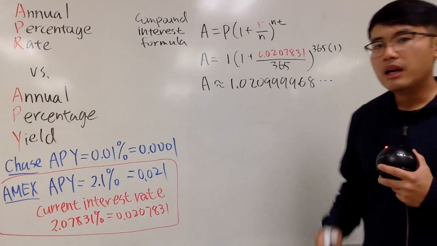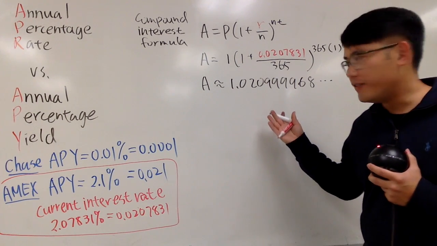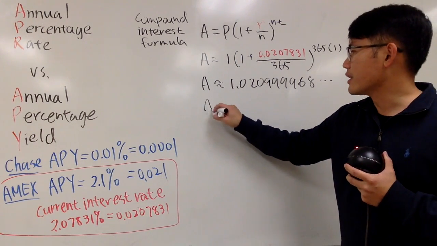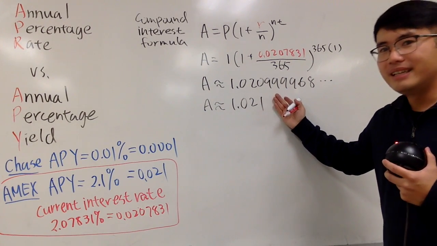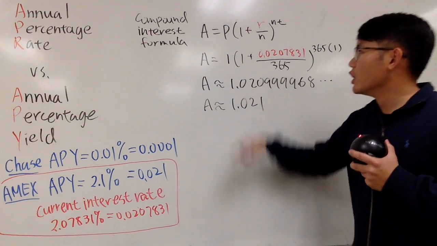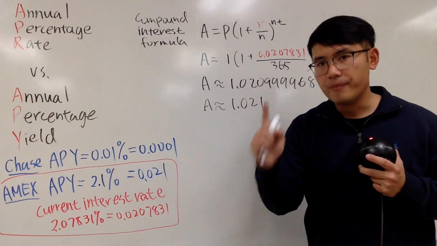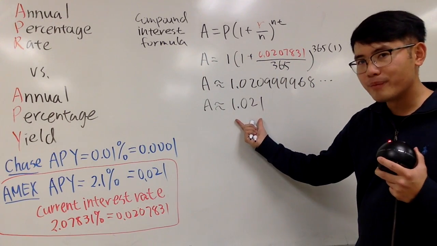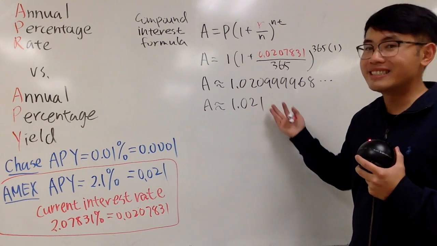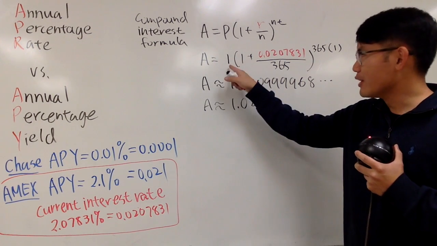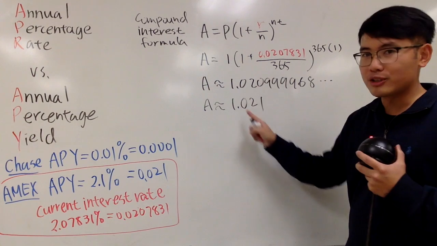I think it's fair for me to say this is approximately 1.021. What this means is that you started from $1. After 1 year, you have a total of $1 and 2.1 cents. So for every dollar you put in, you make this much more.